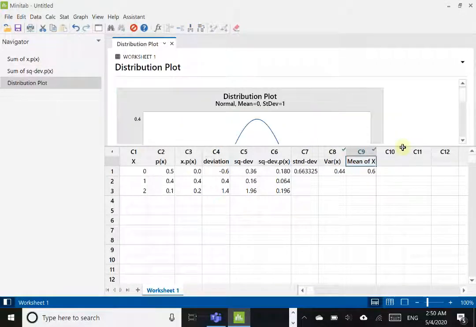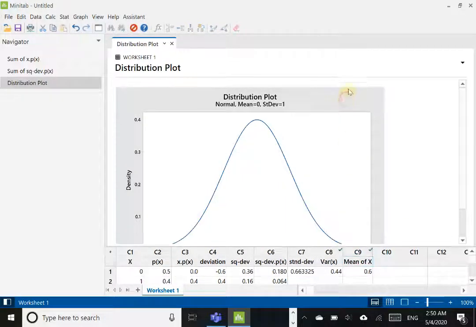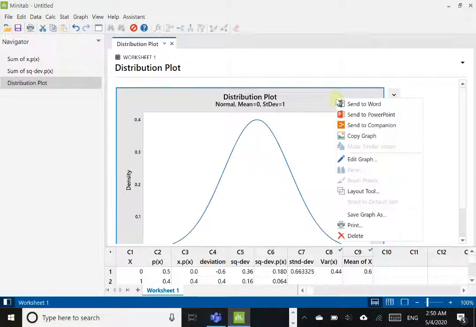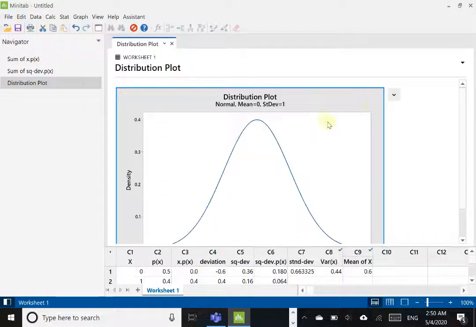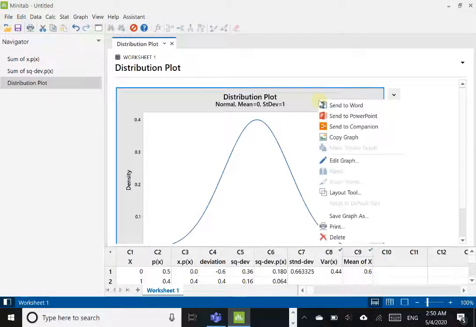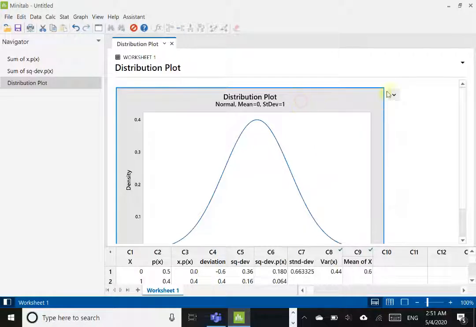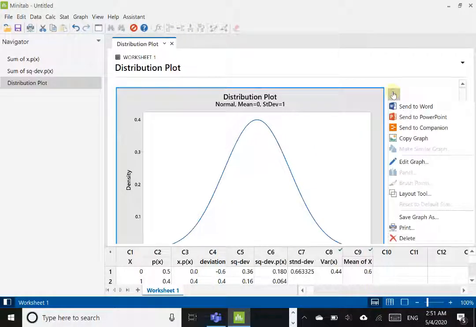That's the standard normal. And there is the graph right in here. And you can scale this graph if you like. The size of the graph, you can change it. Right in here, you can save the graph, by the way. Let me go edit the graph. Let me try this one.